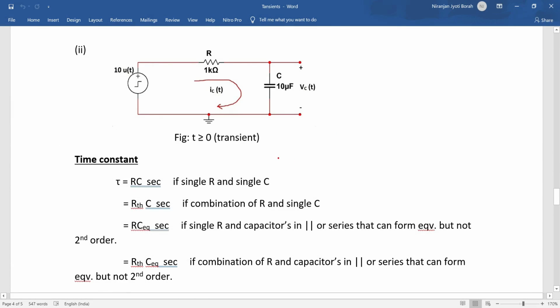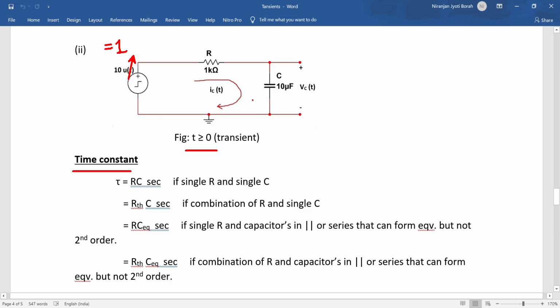In the second part of our analysis, we will calculate the time constant for the circuit. For t greater than or equal to 0, u(t) equals 1, and we will have a current flowing through this loop.